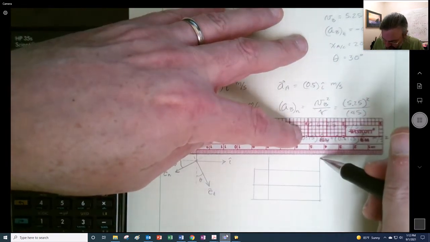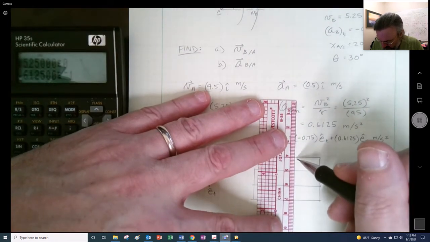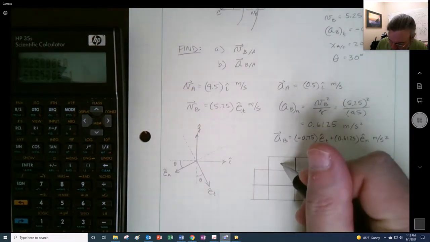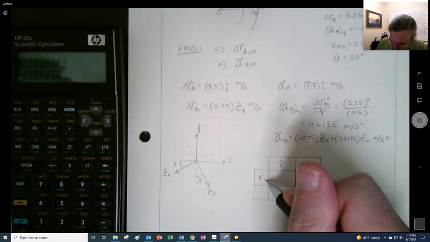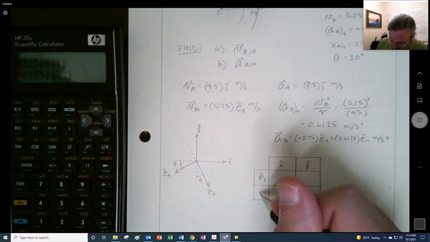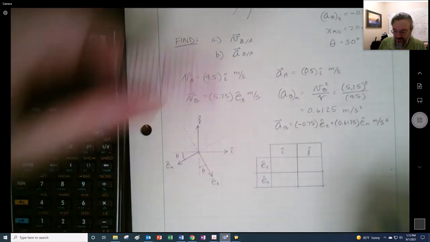I made it pretty neat, I think. And I'm going to do my I here and my J. You could do it the other way around, by the way. You could do the I and the J here and the ET and the EN up there. I just think, make it consistent. Don't have to worry about it.